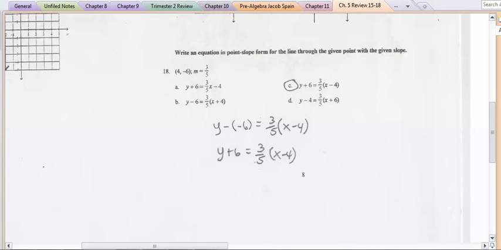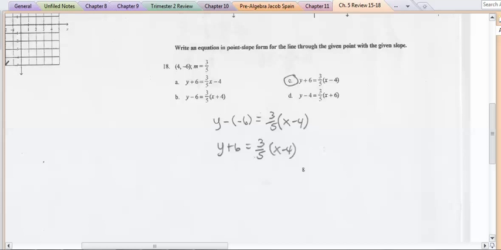Okay, the next one, we're putting it in point slope form, so you need to remember what point slope form looks like before you can do this. So it's y minus y1 is equal to m times x minus x1.